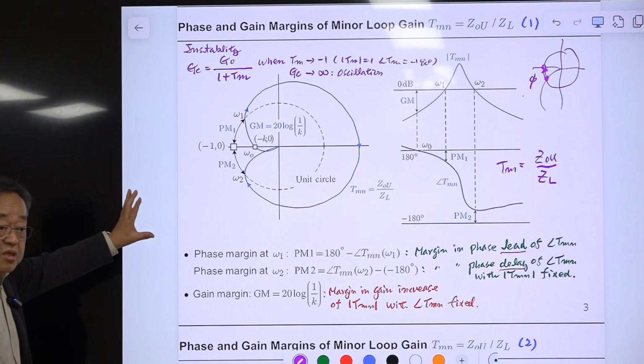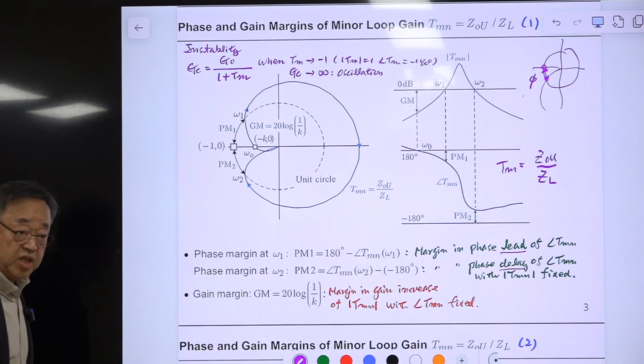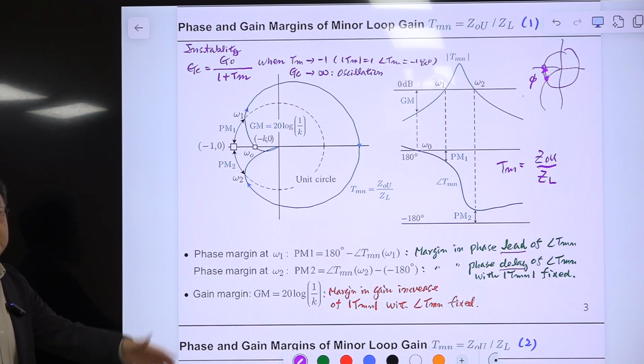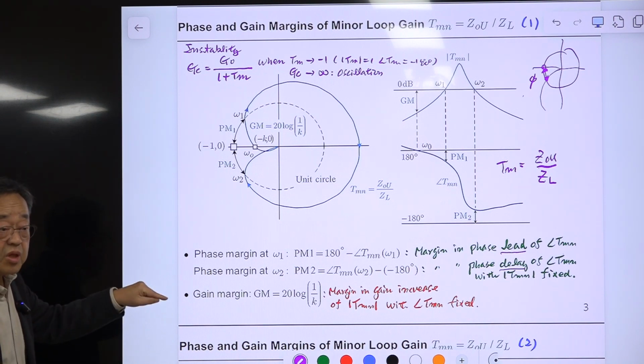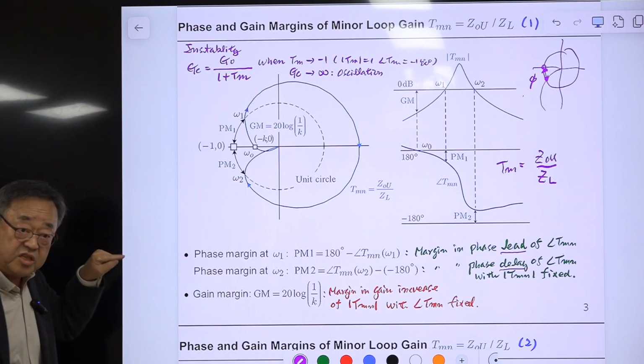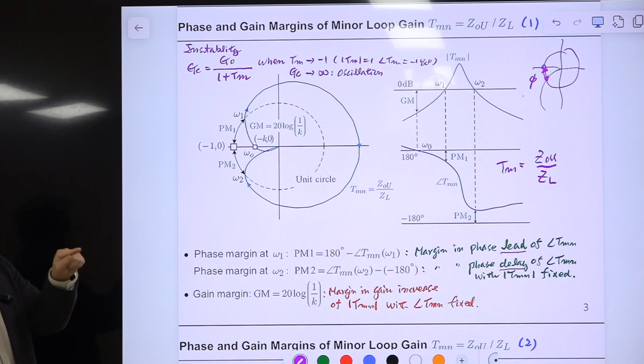If that occurs, the closed loop transfer function becomes infinity. So it generates oscillation even without any input. 0 times this gain is generating some finite value, and that value appears as the sustained oscillation. This is the principle of making an oscillator, right?